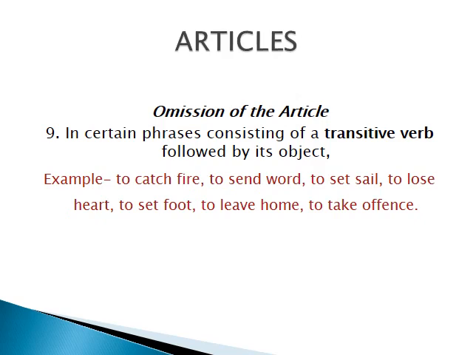Omission of the article is also done in certain phrases consisting of a transitive verb followed by its object. Example: to catch fire, to send word, to set sail, to lose heart, to set foot, to leave home, to take offense.